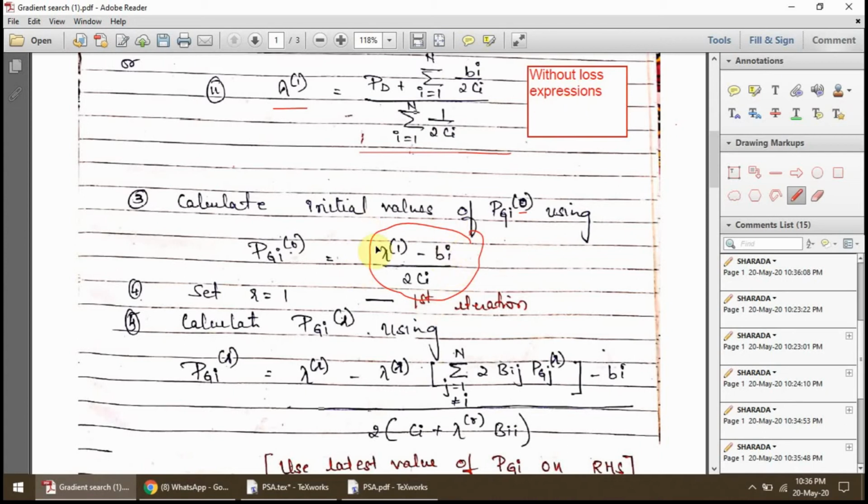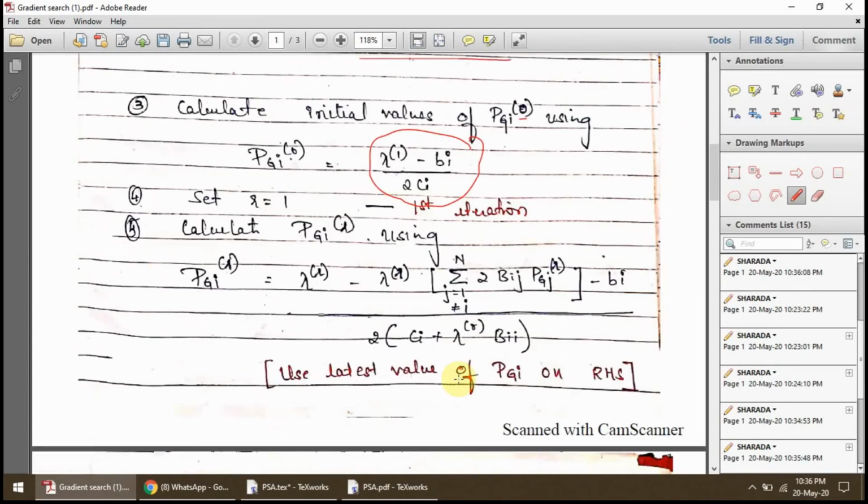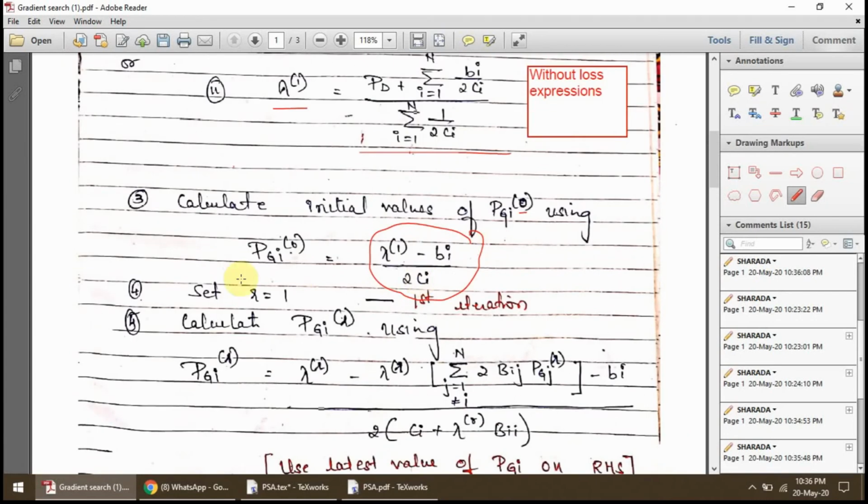That expression is used for the 0th iteration, so that in step number 5 we can use the previous iteration values. Now we set r equal to 1. This specifies the number of iterations. We will start with the first iteration.